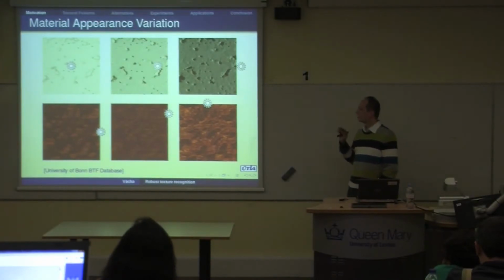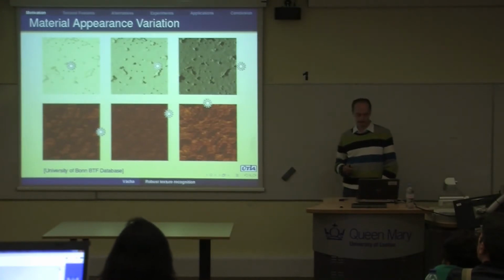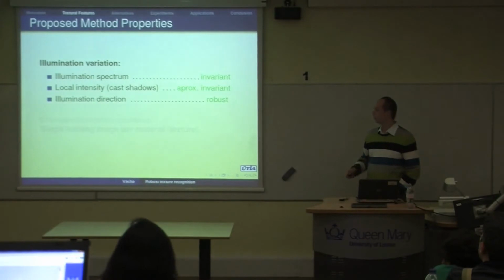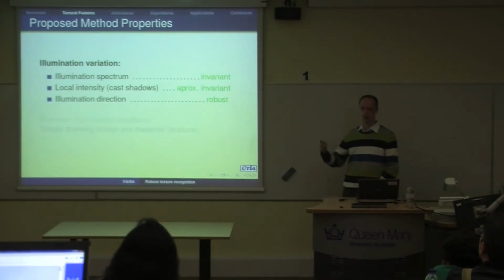And if you try to recognize such materials, you have to deal with these conditions. So our approach was creation of features which are invariant to illumination spectrum changes. I mean the color of the illumination source.